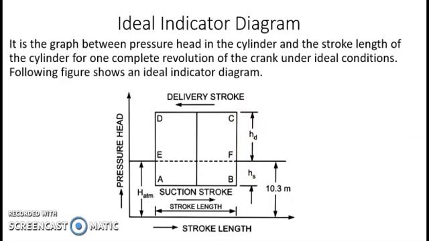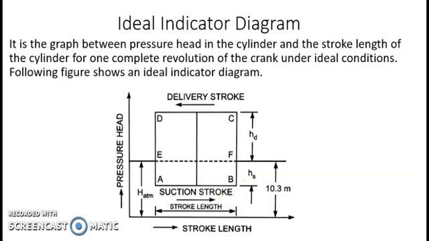In the cylinder, the pressure head during the suction stroke HS is constant and is below atmospheric pressure head. This is below atmospheric pressure head by a height equal to HS. So during the suction stroke, the pressure head in the cylinder will be equal to H_atm minus HS. So the pressure head in the cylinder during the suction stroke is represented by this line AB.